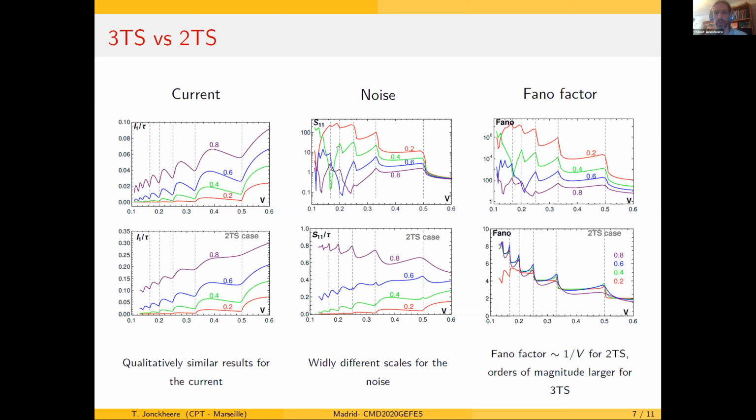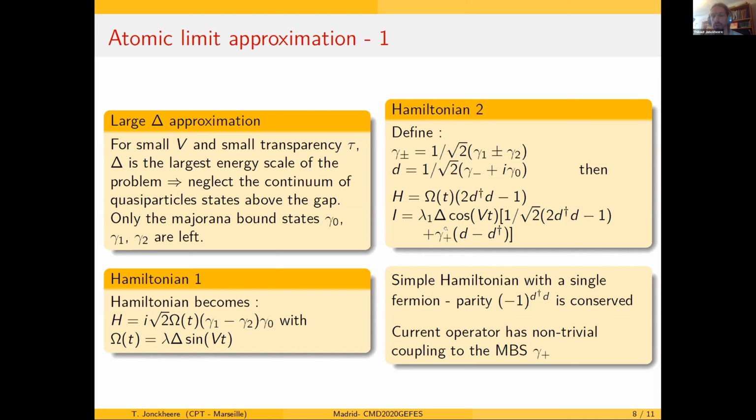As I said before, when we combine 3 Majoranas, what we get is an effective fermion, this fermion D, plus another effective Majorana. But in the Hamiltonian, only the effective fermion appears. On the other hand, the current operator from the central lead to the left one or the right one has this expression. Again, there are some parts which depend on the effective fermion, but also a coupling between the effective fermion and the effective Majorana gamma plus, which does not appear in the Hamiltonian.